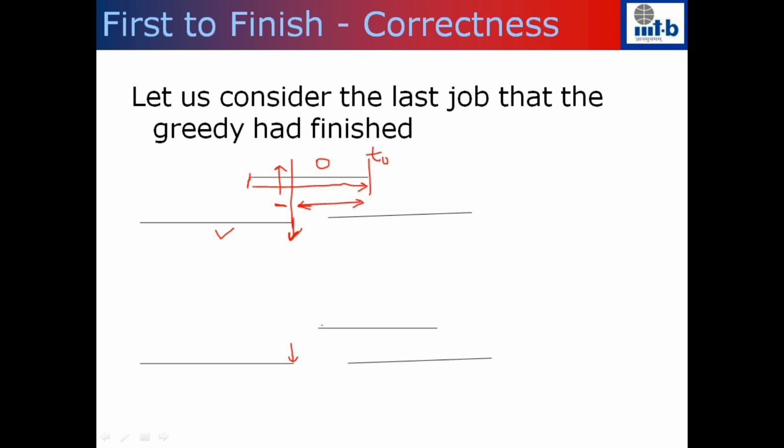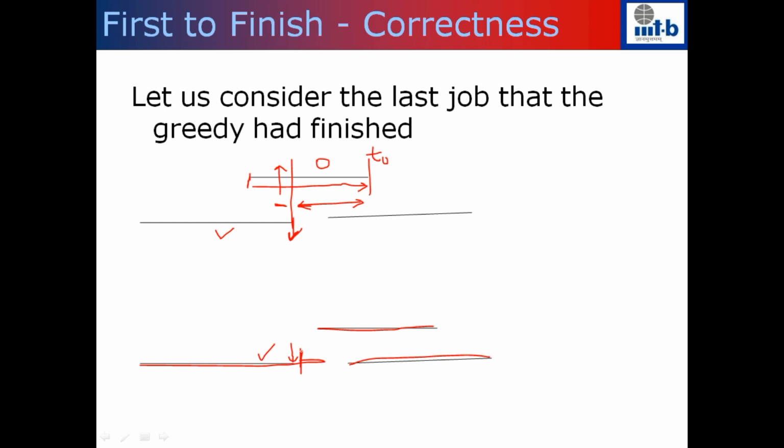So the diagram should be, this is the job under consideration, greedy is doing something here, but the previous job that the greedy does should have completed before this, right? So this should have completed before this. This cannot continue till this is done. Now the greedy, because this particular job has already finished here, picks the next job by looking at all the jobs it doesn't conflict with.